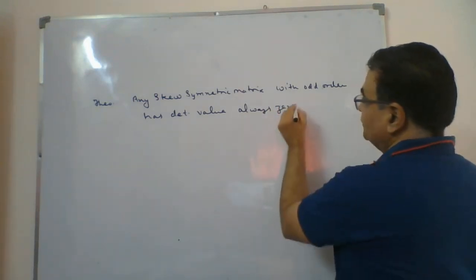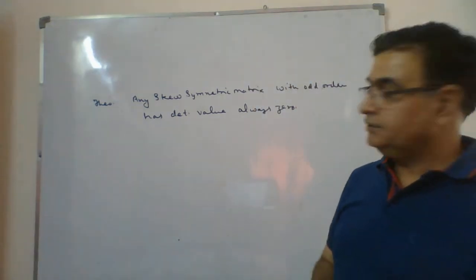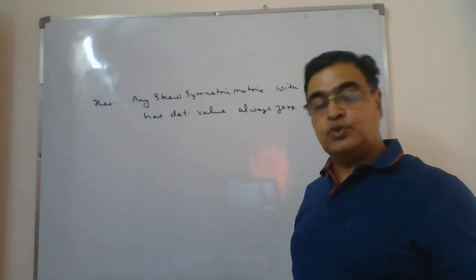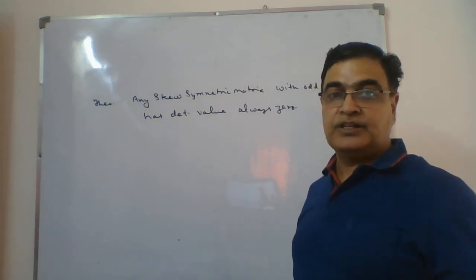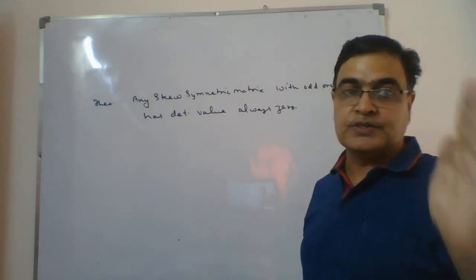This is also a theorem, and we have to show it. If you have a skew symmetric matrix, I told you A is equal to minus of A transpose. So whenever A is equal to minus of A transpose, then if you take the determinant of it, that determinant always gives you the result 0.